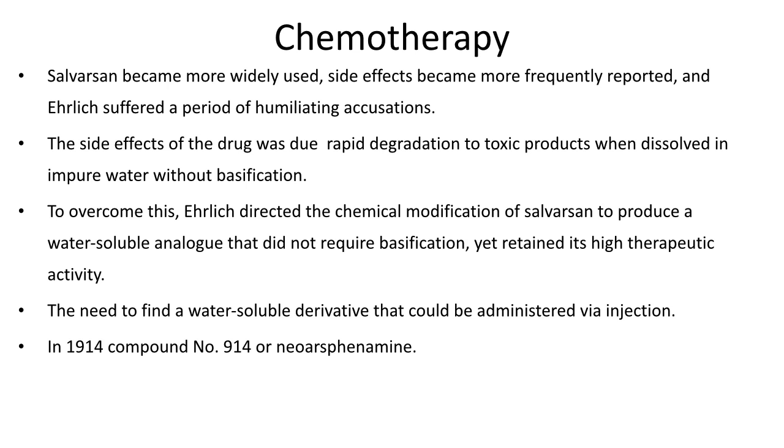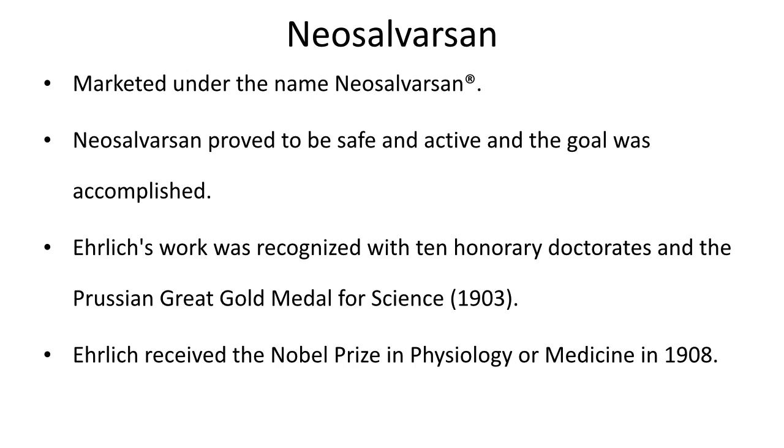Finally, in 1914, compound number 914, that is Neosalvarsan, was derived, which was marketed under the name Neosalvarsan, a new version of Salvarsan. Neosalvarsan proved to be safe on humans and animals but active against the Treponema pallidum organism, and thus the goal to treat syphilis with a chemical was accomplished.